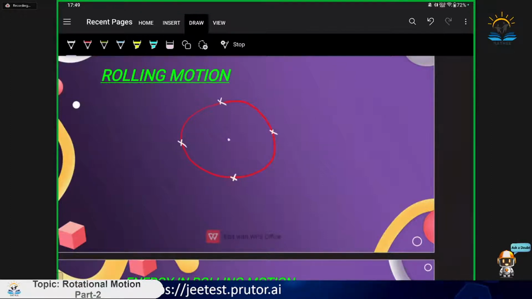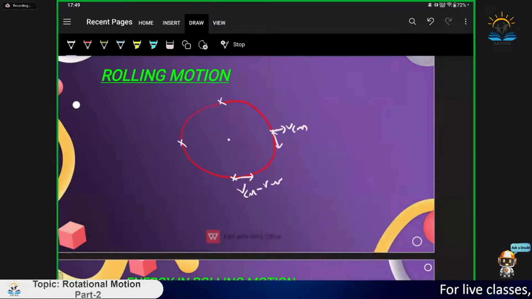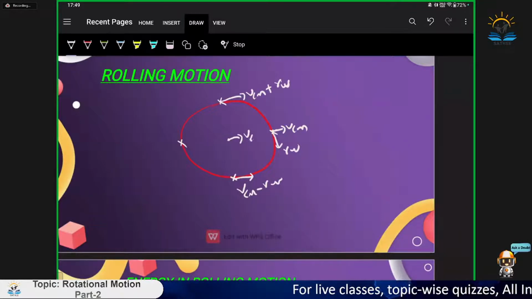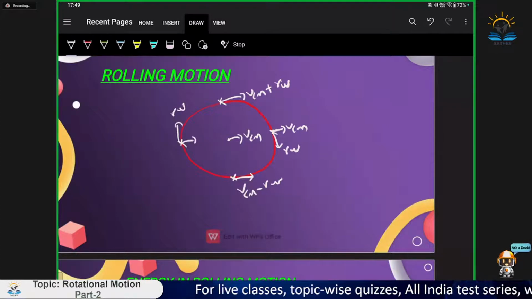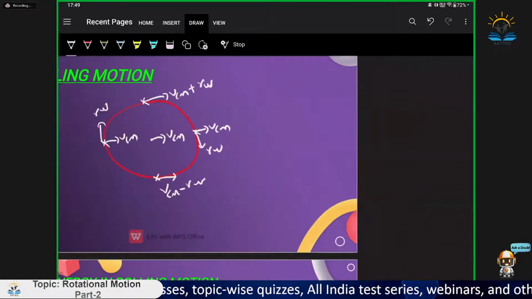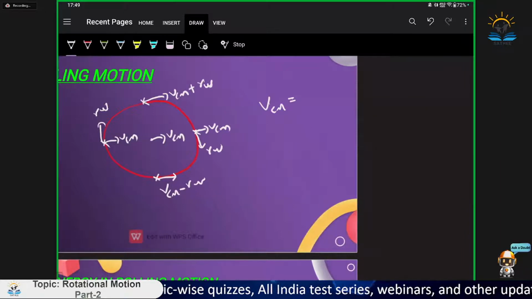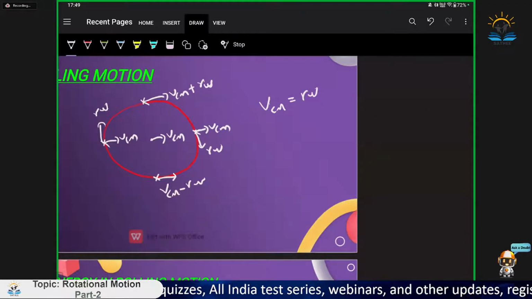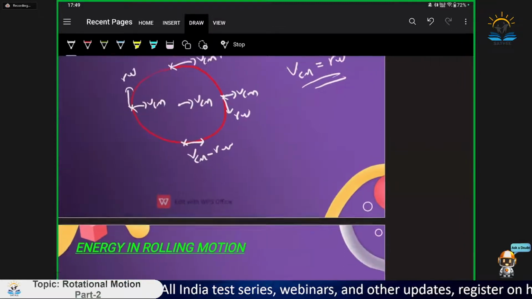You have to add a translation plus rotation. Here the net speed will be VCM minus R omega. Here VCM is in this direction and R omega in this direction. Here VCM and R omega are in the same direction. Here at the center of mass, VCM only. For pure rolling, the condition of rolling is VCM should be equal to R omega, that is VCM minus R omega will be 0.